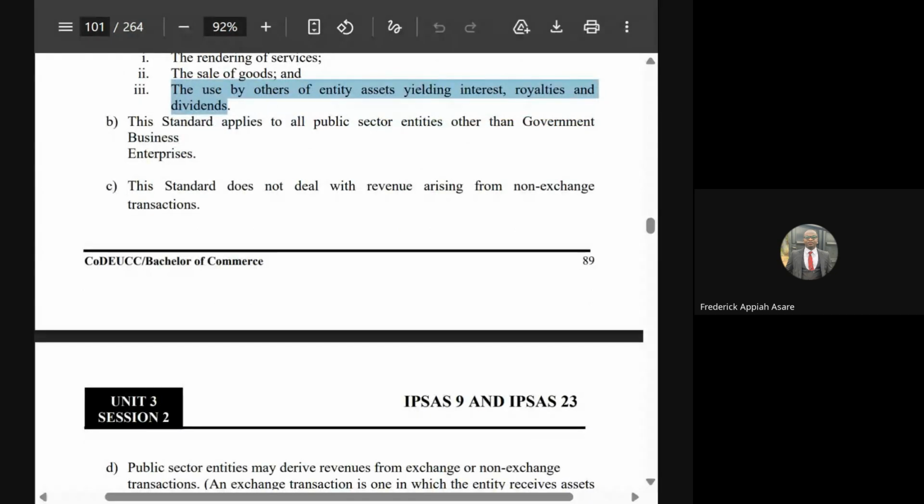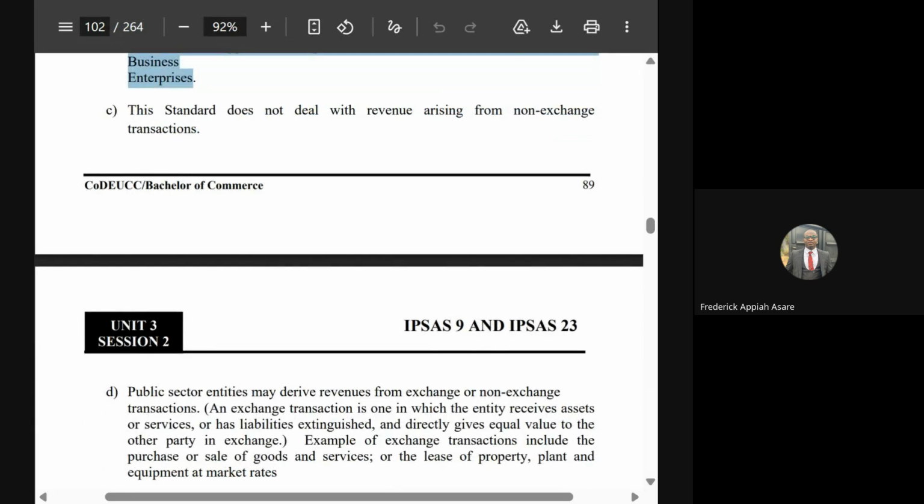Now, this standard applies to all public sector entities other than government business enterprises. Aside from government business enterprises, which use the normal IFRS, if you recall, the GBEs, the standard applies to all public sector entities.